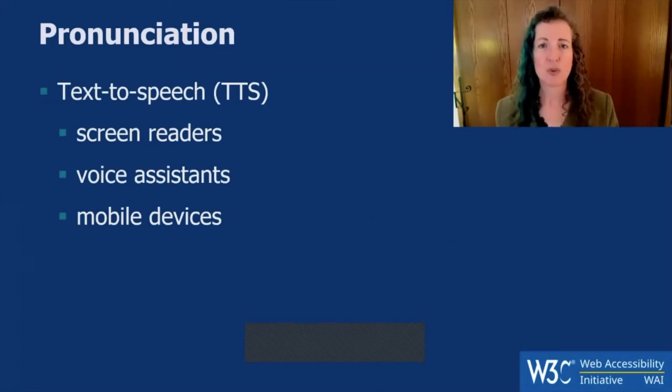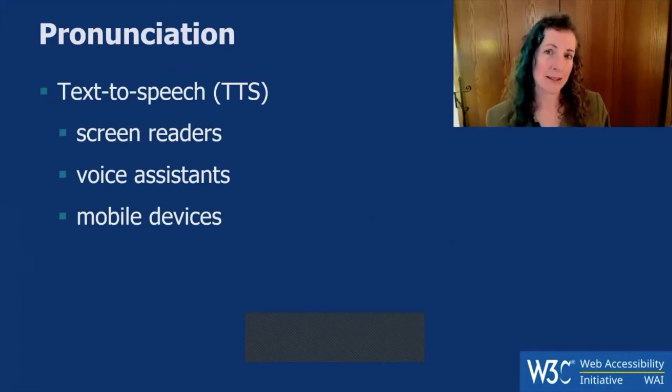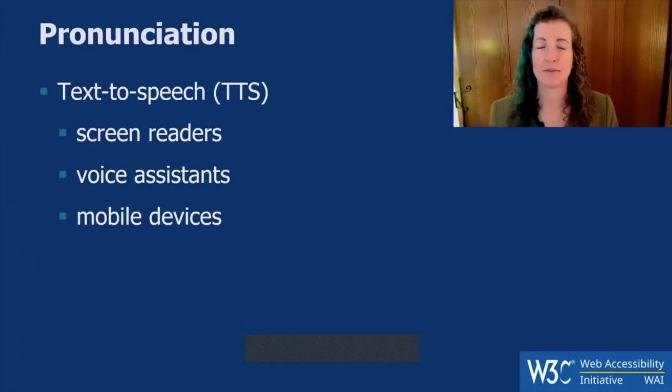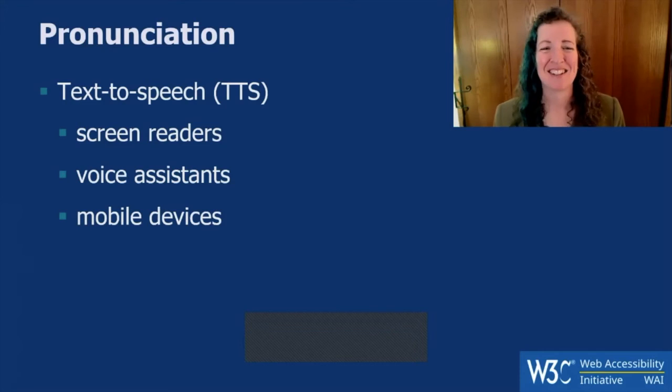So for example, screen readers, which are used by people who are blind and some people with cognitive disabilities to read out the information from the computer or an electronic device. Text-to-speech is also very popular now in many places with voice assistants on your mobile phone. It's becoming common.